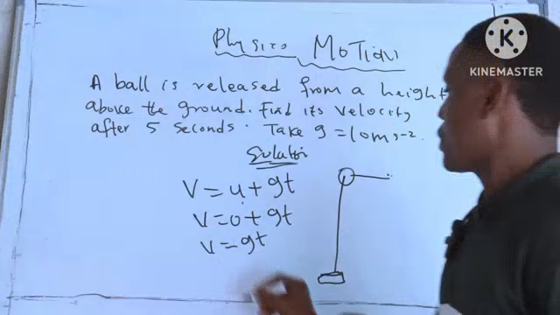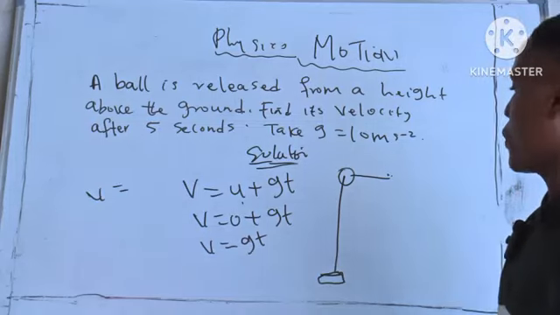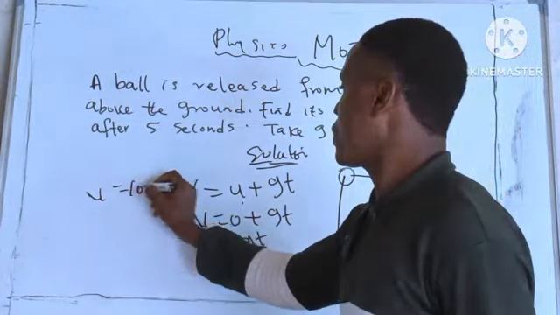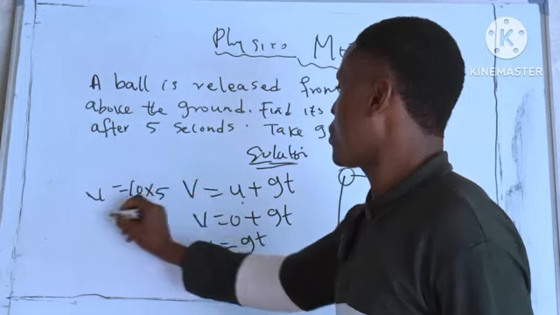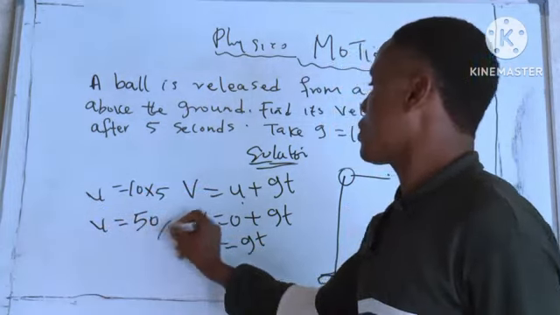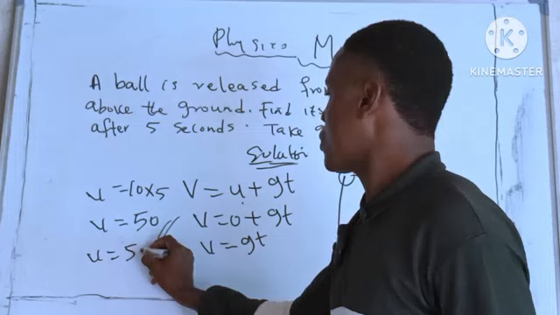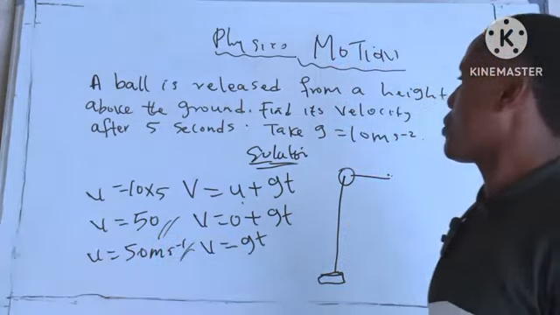Therefore, v equals the acceleration due to gravity, which is 10, multiplied by t, which is 5. So v equals 10 times 5, which is 50 meter per second.